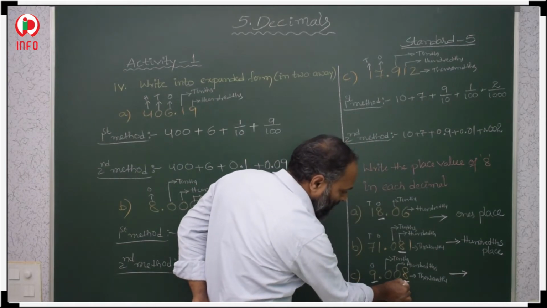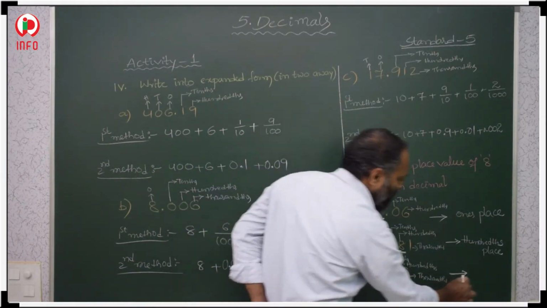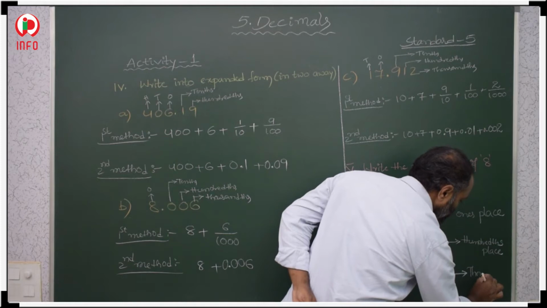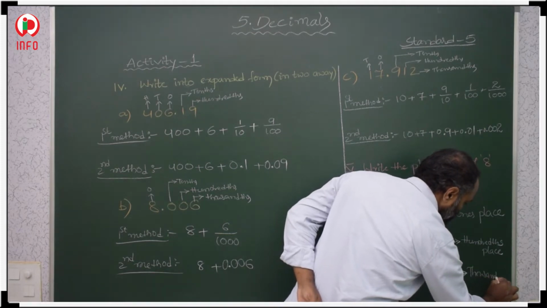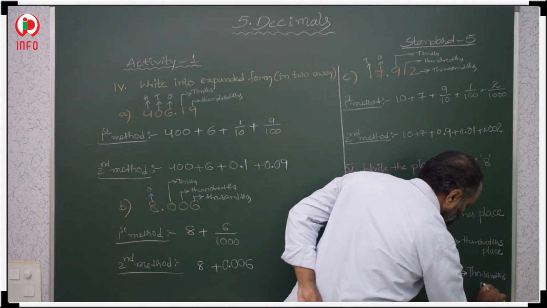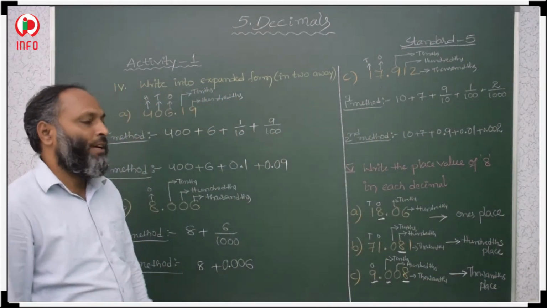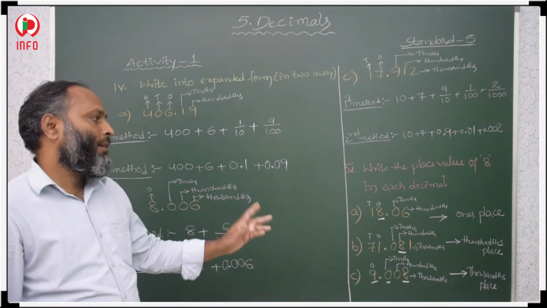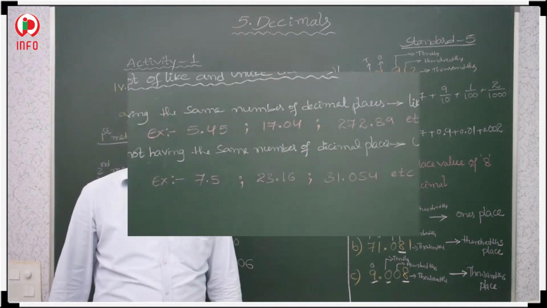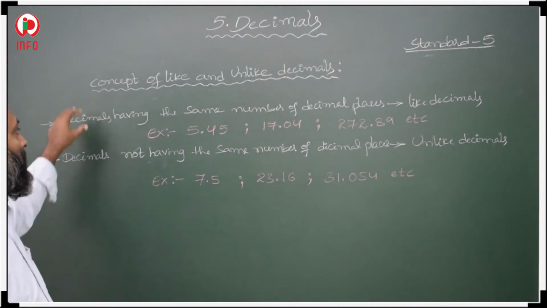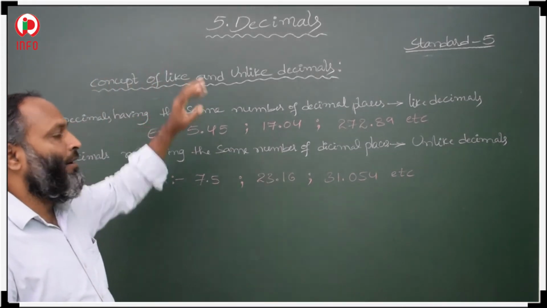Here this 8 is in the thousands place. In this way we have to write the place values of the given 8. Okay. Now here is the next concept of like and unlike decimals.